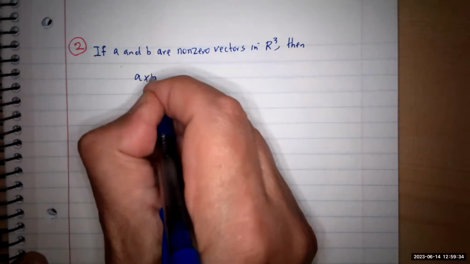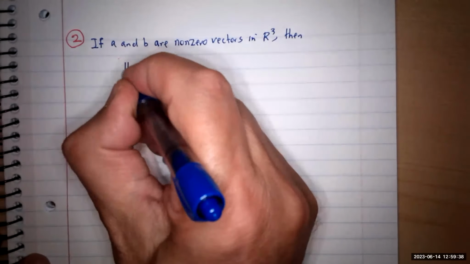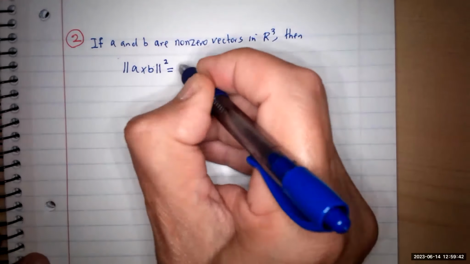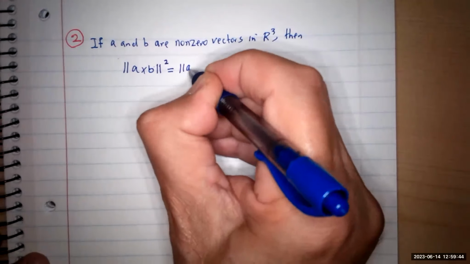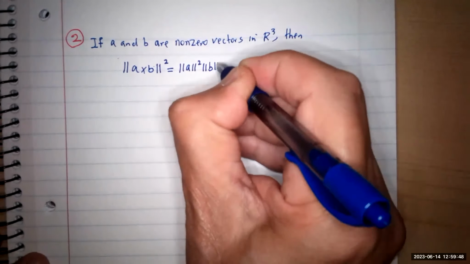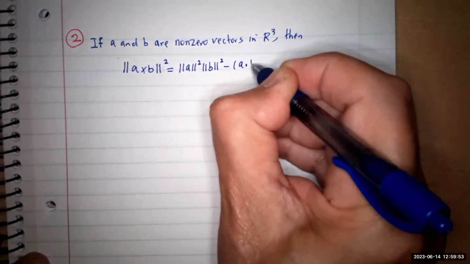Remember, A cross B was a vector. If you find the norm of this vector, norm squared, it's going to be equal to this one. Norm of the A squared, norm of the B squared, minus A dot B squared.